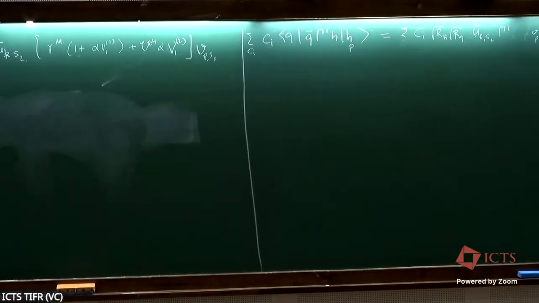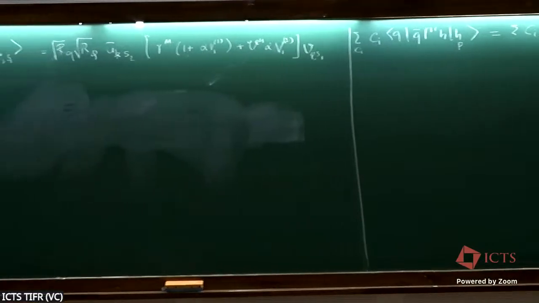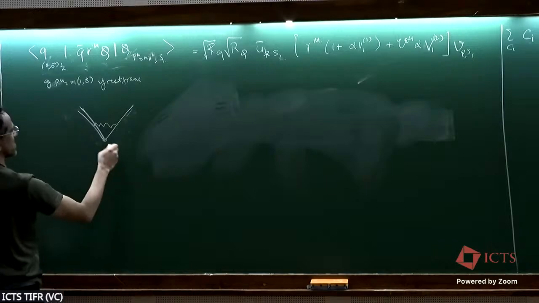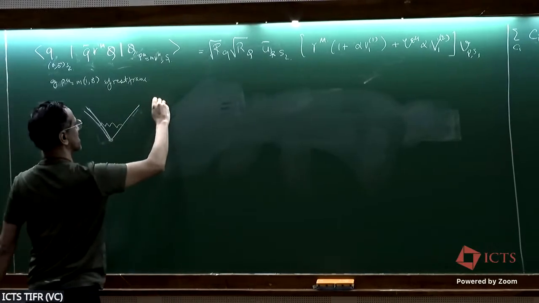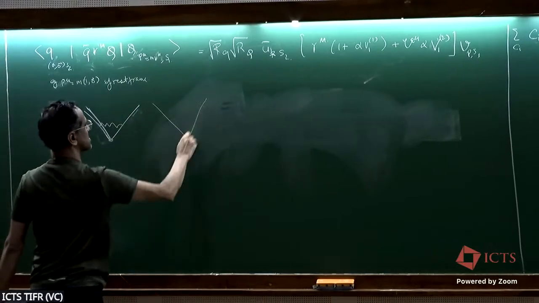So the question is, how do I see at one loop that these terms are generated? Really, in QCD the calculation is straightforward. The first loop correction is this diagram plus counter terms.